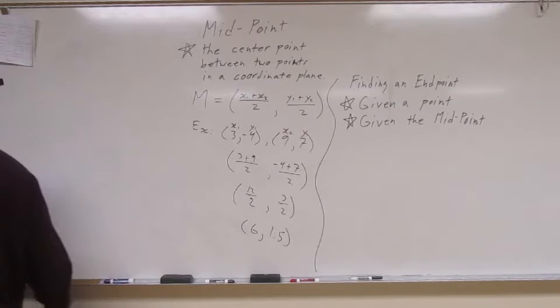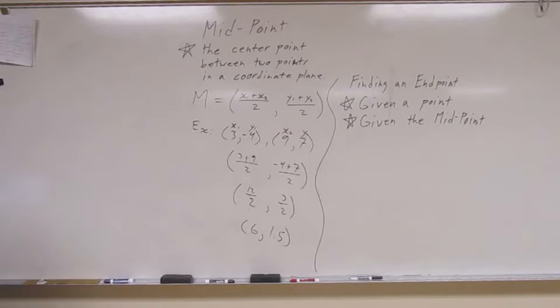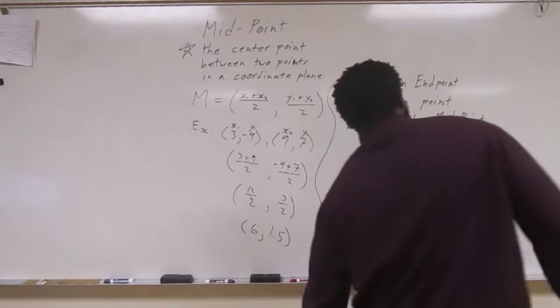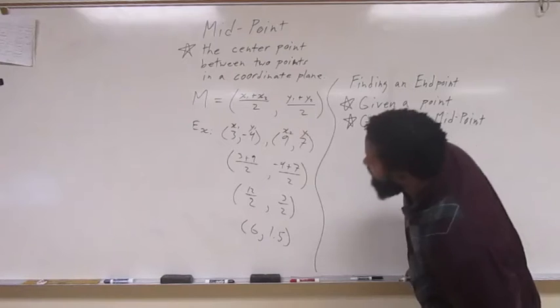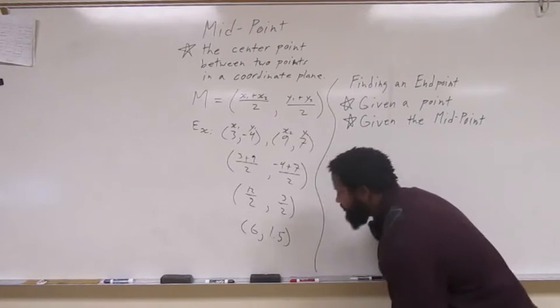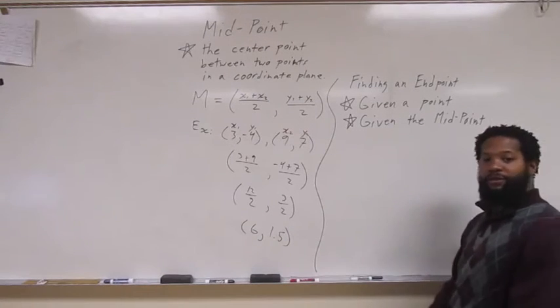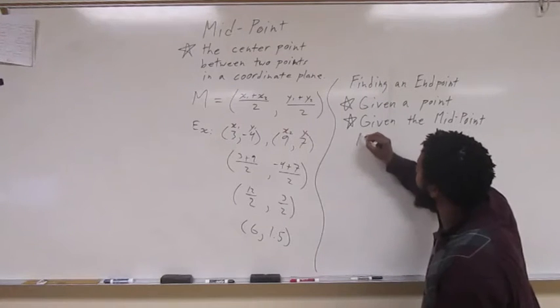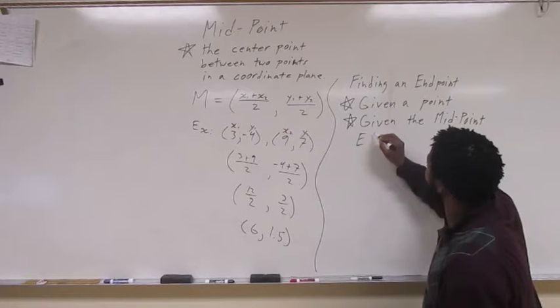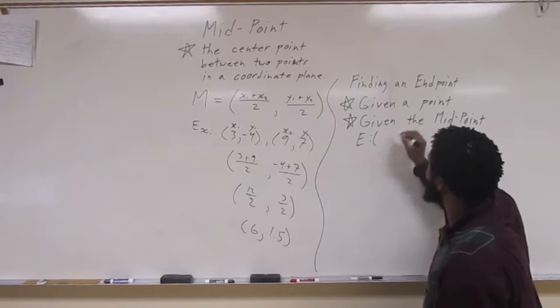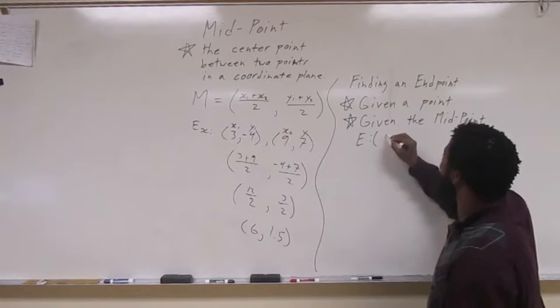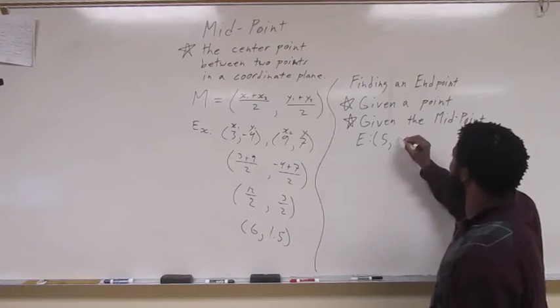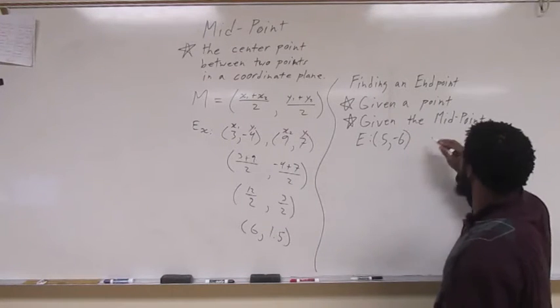So, let's discuss this. When this happens, let's say, for example, your endpoint is 5, -6, right?